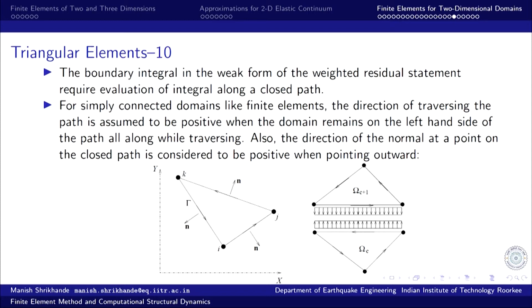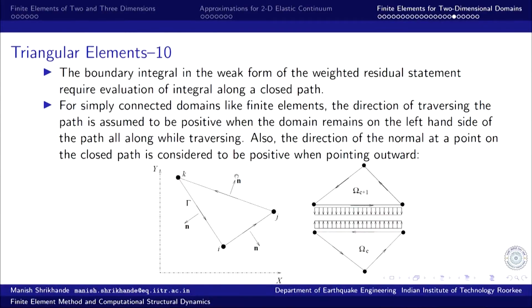The positive direction is considered to be the outward normal on the edge. So, that is the important thing to note: what is the direction of the normal.